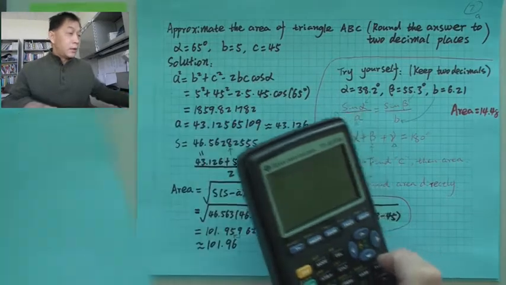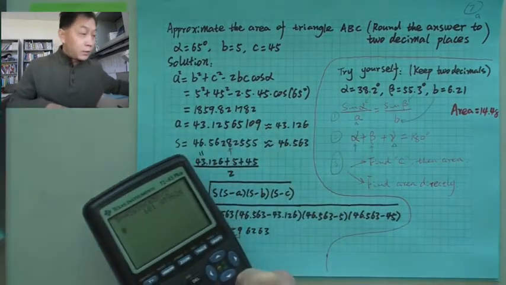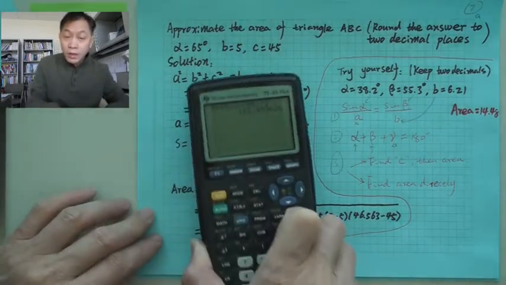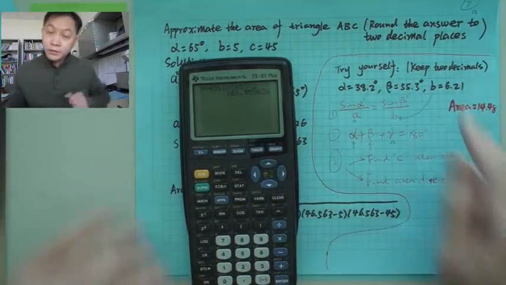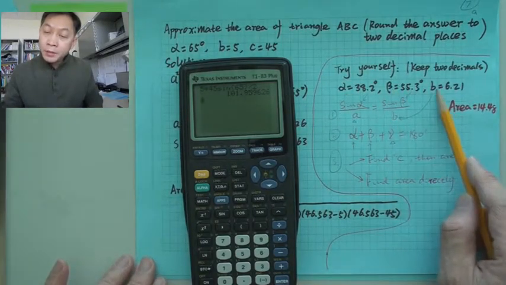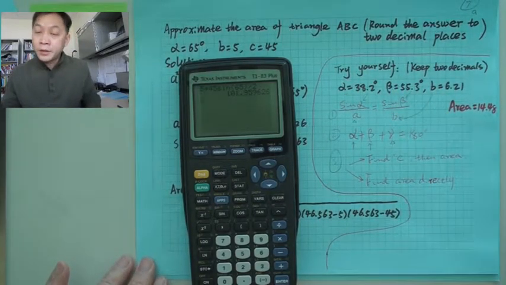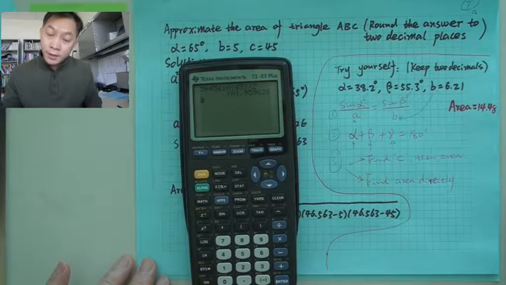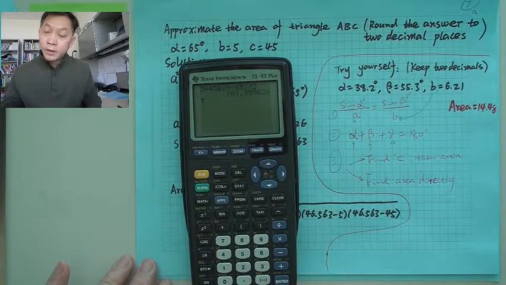All right. Now, this one is for you to try yourself. You have alpha, beta, B. How are you going to find out the area?